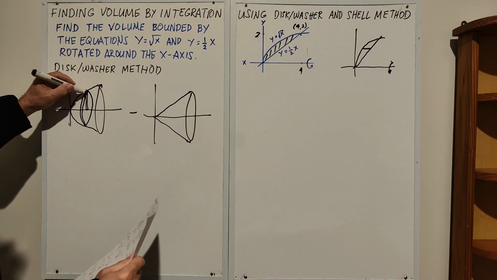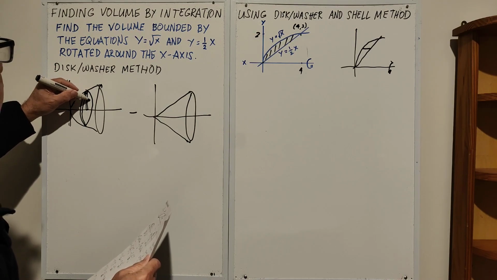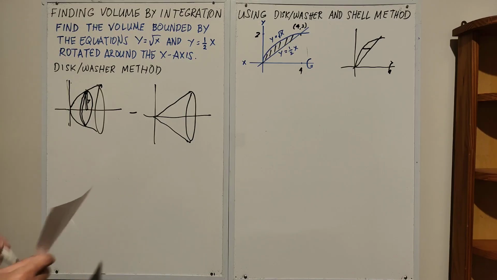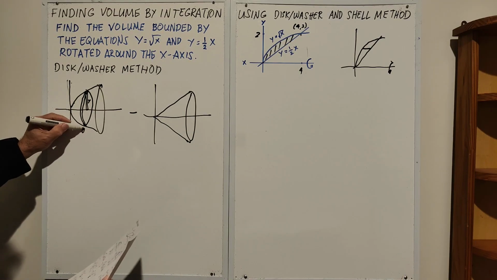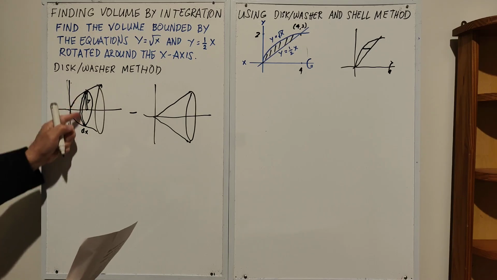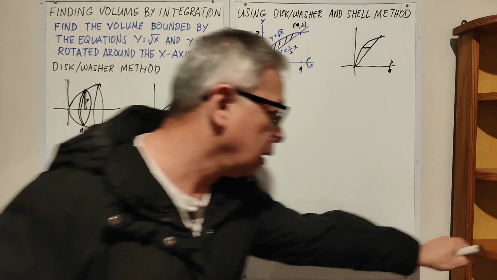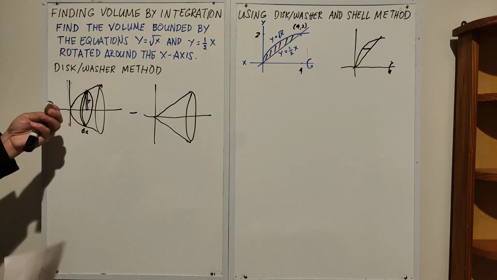So this is your y, or your radius, and then this is your dx. The thickness will be dx. So we want to get the volume of that disc. Here's an example of the disc.